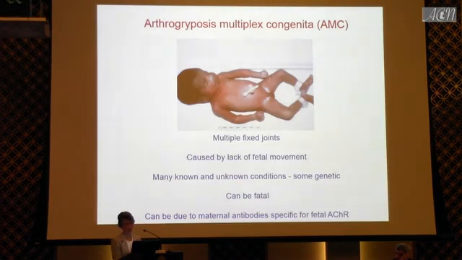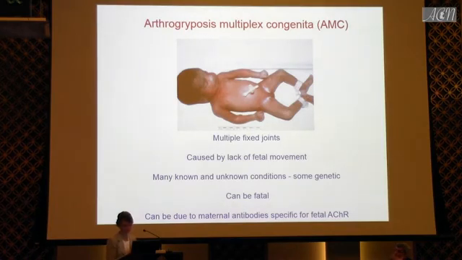Now this was because the mother hadn't had proper surveillance during pregnancy, because this should have been picked up long before. It's a condition which is caused by lack of fetal movement, and there are many known and unknown conditions, as you probably are aware of. Some of them are genetic disorders, and as in this case, it can be fatal quite often if it prevents breathing developing normally.